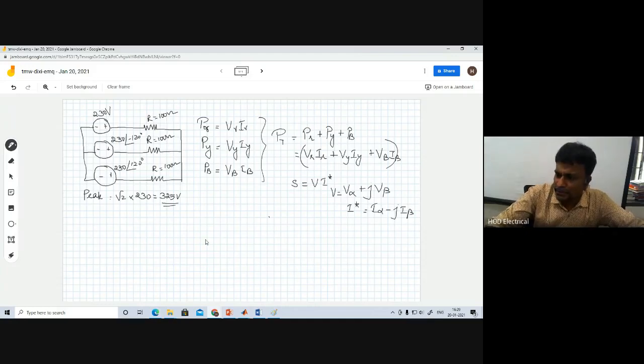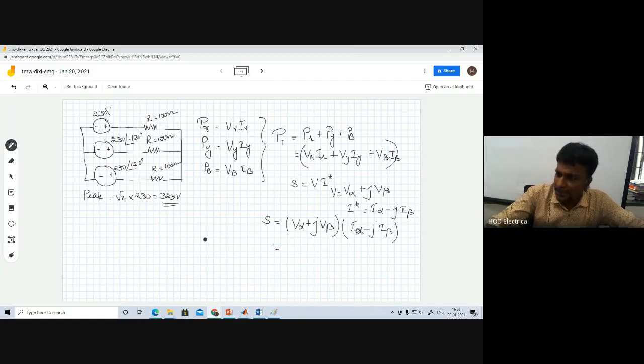So the apparent power S is (V alpha plus j V beta) into (I alpha minus j I beta).